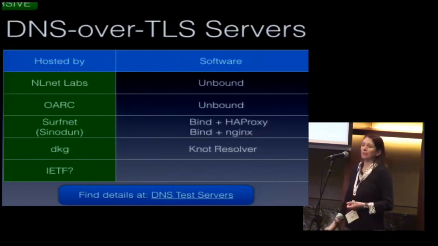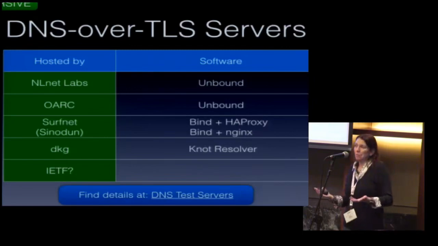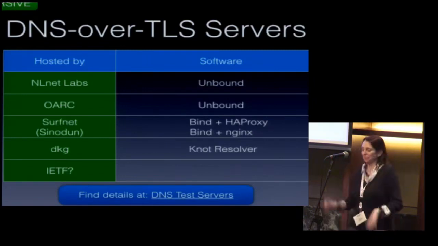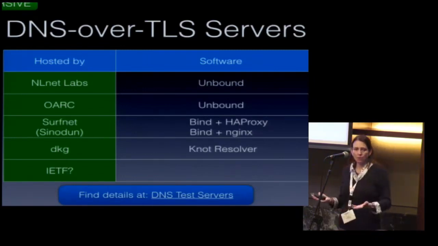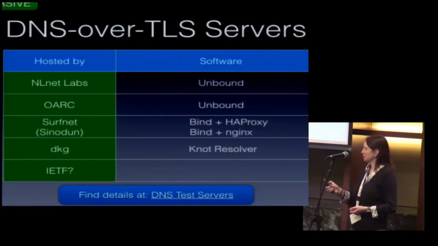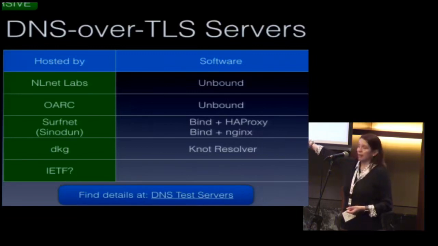There's a question mark against IETF because we sort of started exploratory talks about, well, maybe the next IETF could offer a privacy server, maybe this one even. I'm getting faces from Warren, I won't ask that. But that would be a nice step just to offer that so people can get experience. If you want to know the details of these servers, they're at a web page under that link.